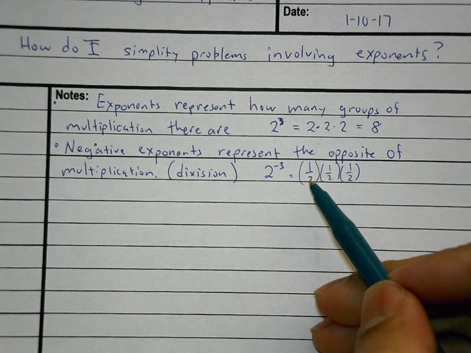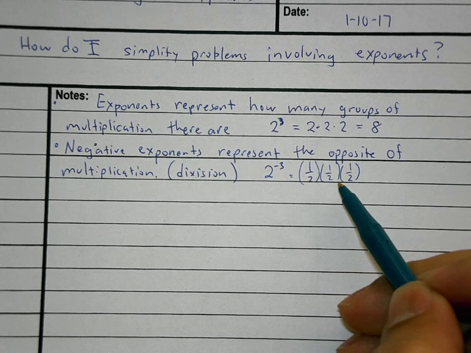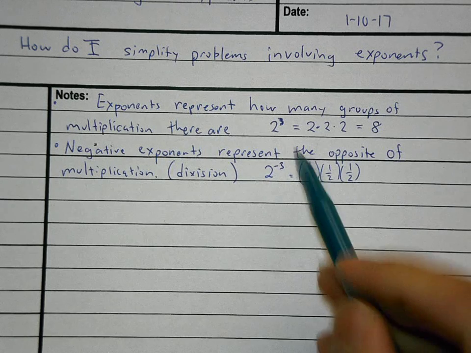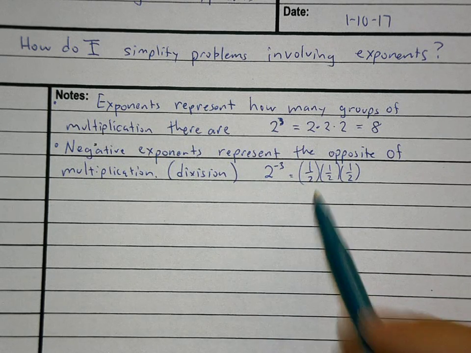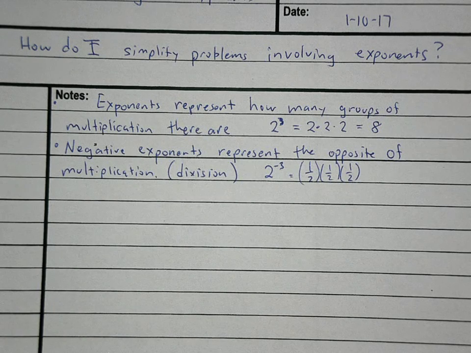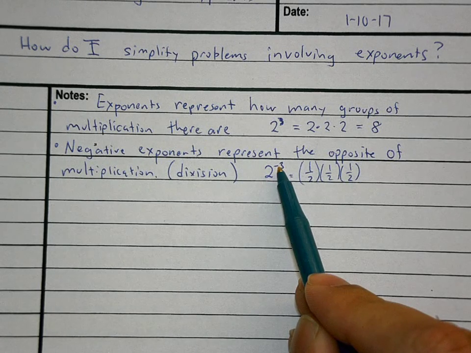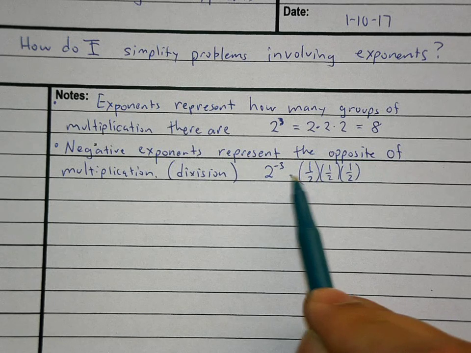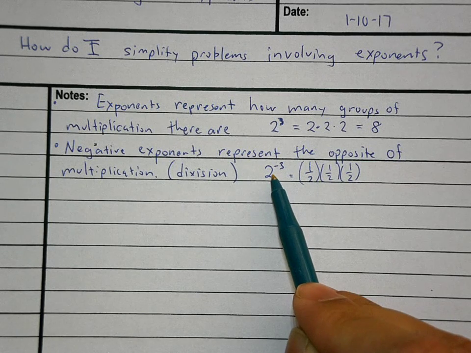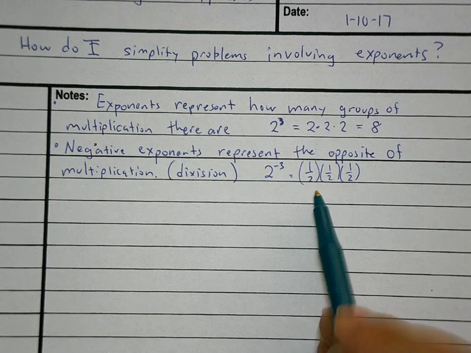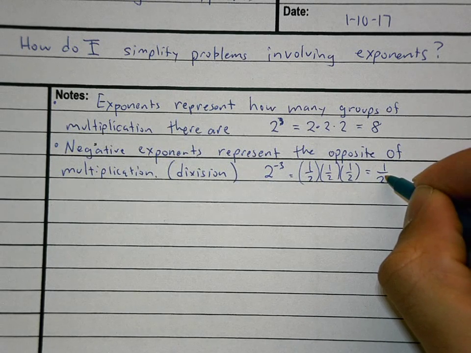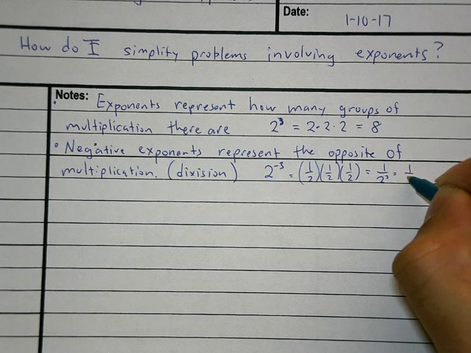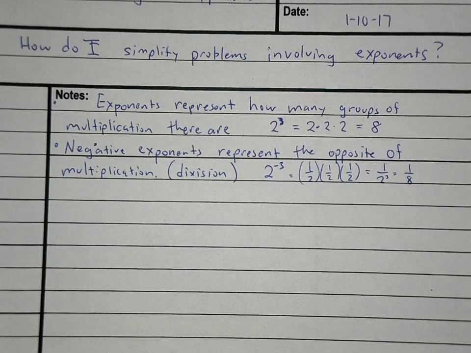I'm dividing by 2 here, and dividing by 2 there, and dividing by 2 there. Instead of multiplying by groups of 2, I'm now dividing by groups of 2. So when you look at a negative exponent, 2 to the negative 3, it means you have 3 of those groups, but instead of being in the numerator, it is in the denominator, which means it's the same thing as 1 over 2 to the third, which means it's the same thing as 1 over 8.